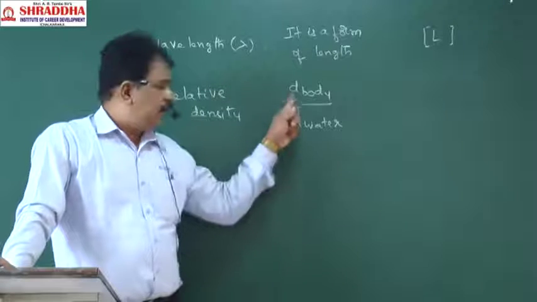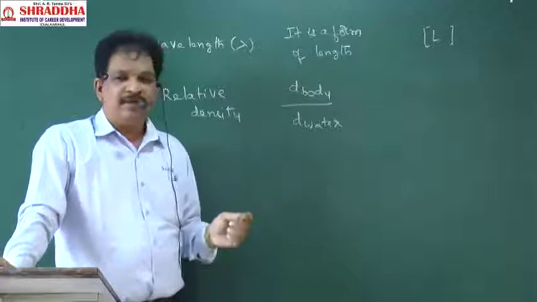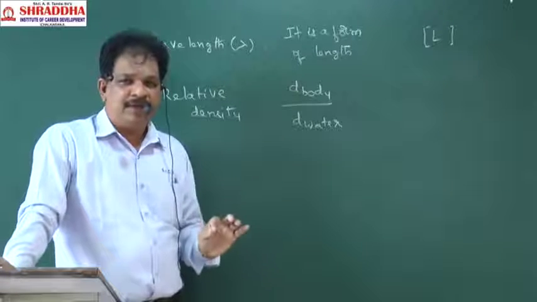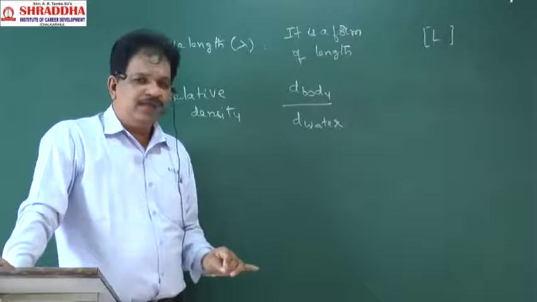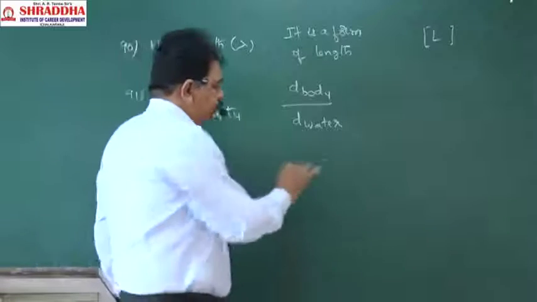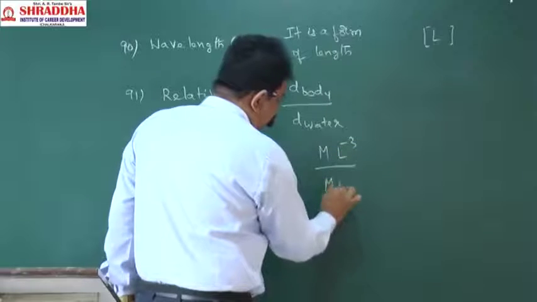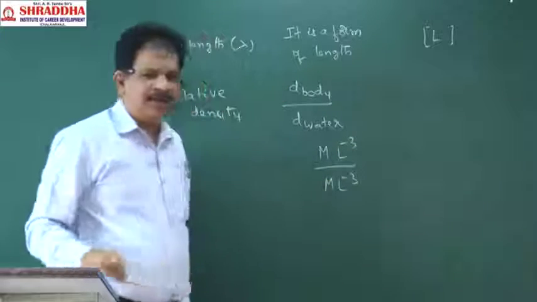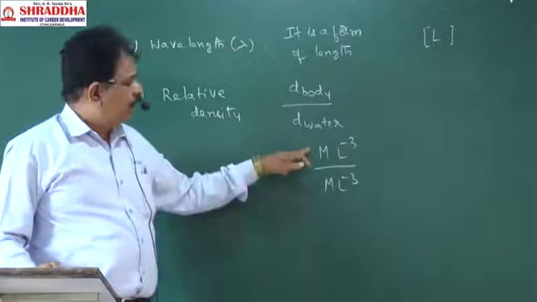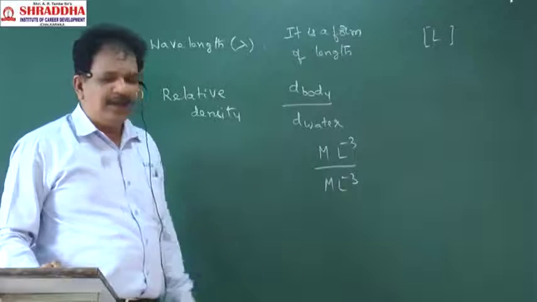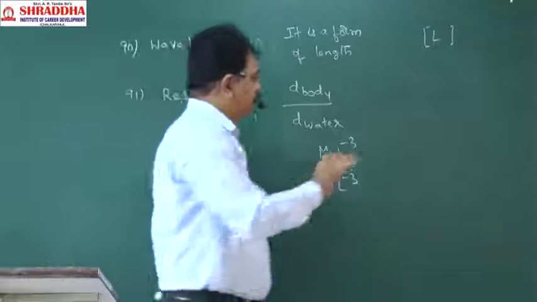So, for body or water, the density dimensional formula will be the same: ML power minus 3 by ML power minus 3.